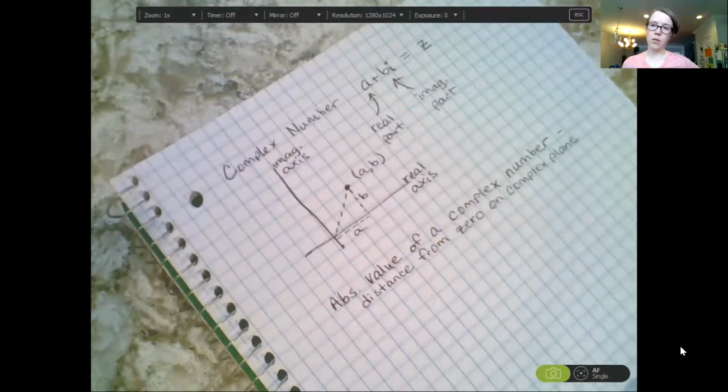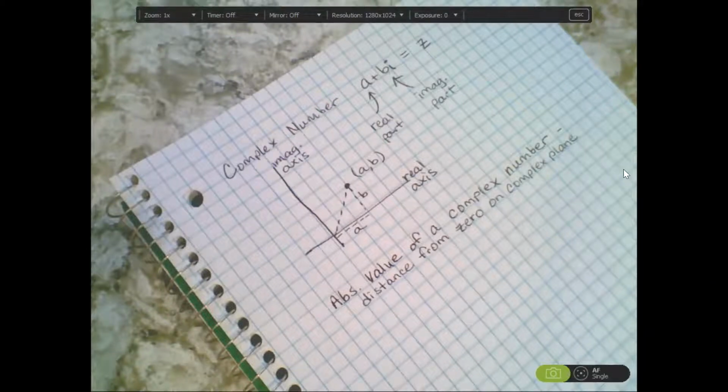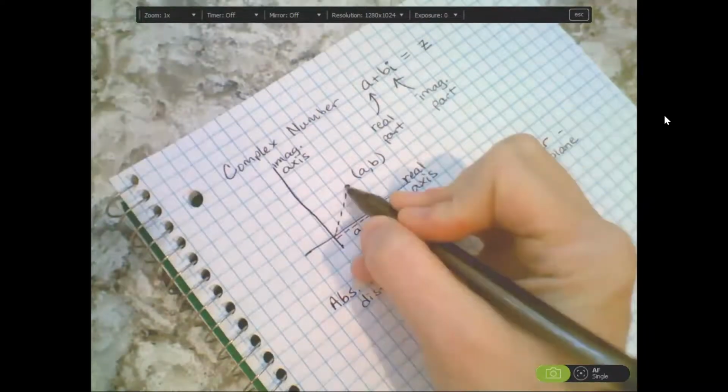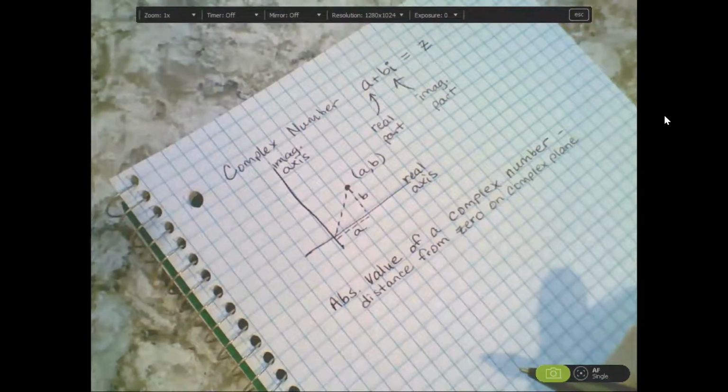I'm running out of room here. I'm going to see if I can hide myself. There we go. So this distance, that's what we call the absolute value of a complex number.